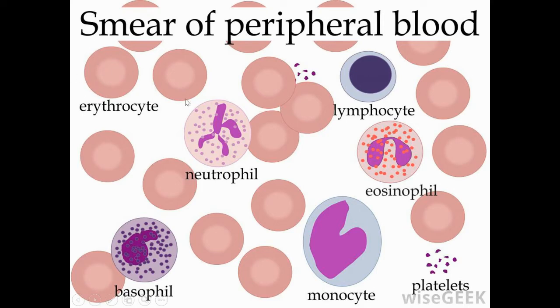Oh, this is our erythrocytes, and we have different types of our WBCs or white blood cells. So we have here the neutrophil, we have the lymphocytes, we have the eosinophils, we have the monocyte, and we have the basophils. And also we can see sa ato ang peripheral blood smear kay ang mga platelets.